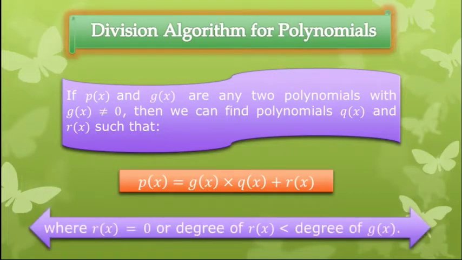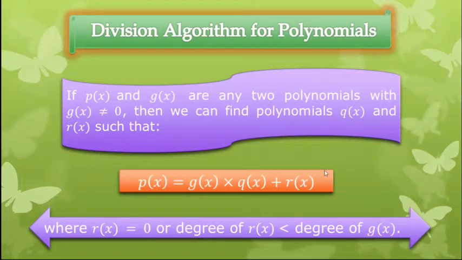where r(x) is equal to 0 or the degree of r(x) is less than the degree of g(x), because we are dividing the given polynomial by g(x), so the degree of the remainder will always be less than the degree of g(x). It is just like simple division: suppose you divide 7 by 2. 2 times 3 is 6, so 3 is the quotient and 1 is the remainder.